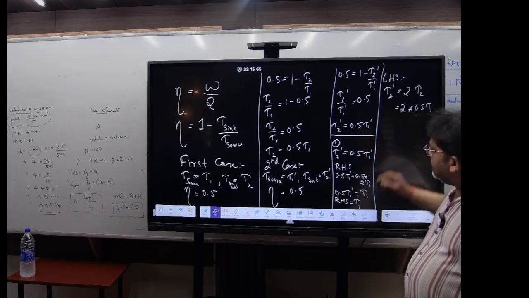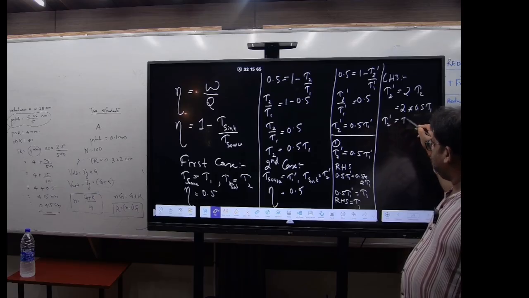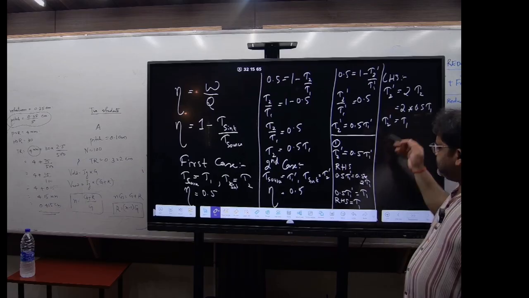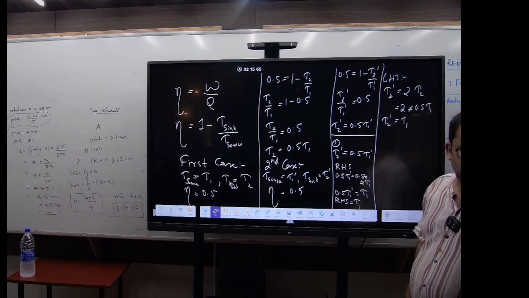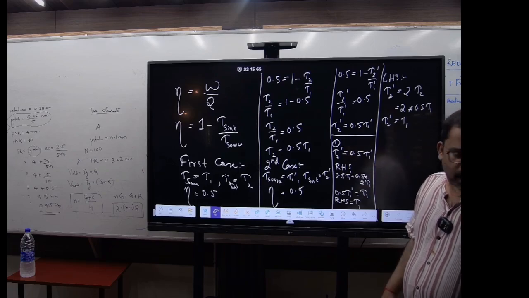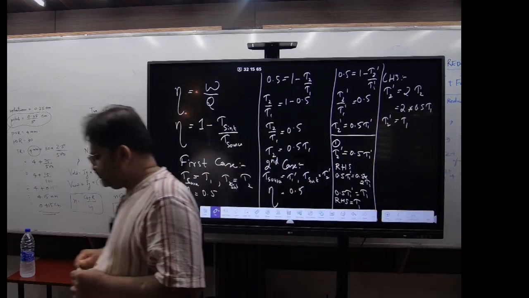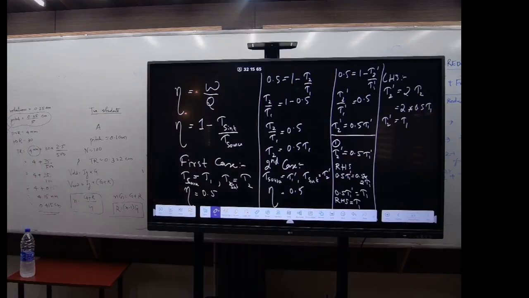It is 1. That means T2 prime is also equal to T1. Correct? So is LHS equal to RHS? Yes. That means option 1 may be the correct option. Verified. Correct. Very good. Shabash.